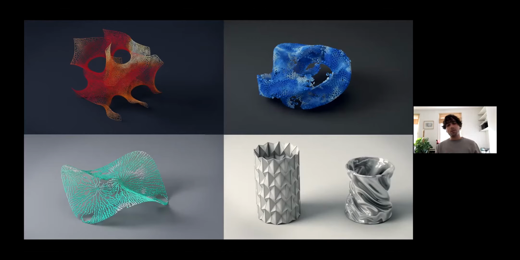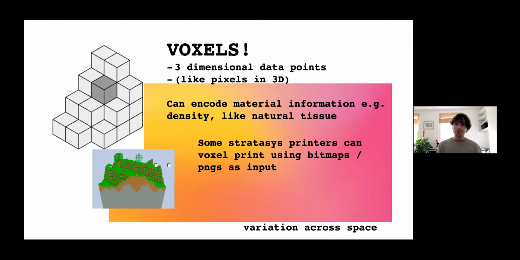So using principles from architecture, things like procedural design and parametric design to kind of automate the design of these scaffolds. And that's sort of how I got interested in voxel printing, because it offered a way to have very, very fine control over the distribution of materials. So this might be very simplistic for you guys, but voxels are basically like three-dimensional pixels, so data points regularly spaced in 3D space.